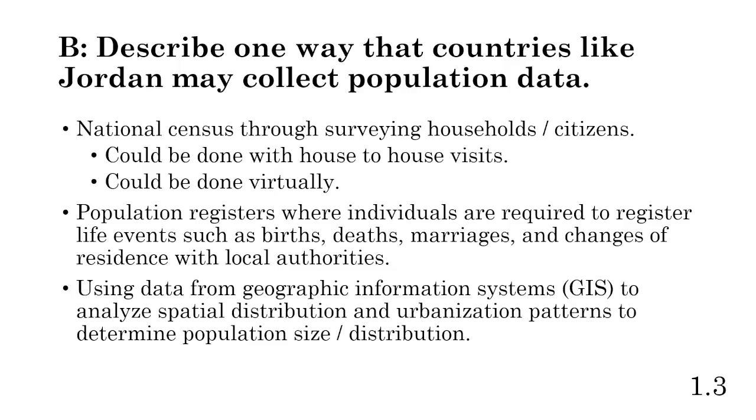It's talking about population data. So that could include where people are located, and you can use a GIS for that. You can actually use a satellite for that, satellite imagery as well. So that might have been an answer that you would have said. If you answered something like this as well, to analyze spatial distribution and settlement patterns to determine population distribution, that would be okay as well.